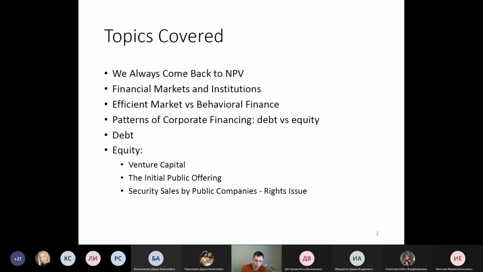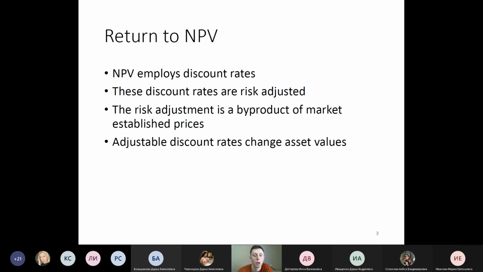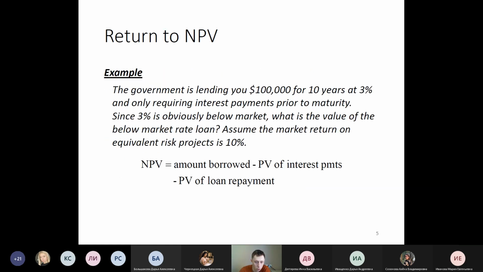In order to estimate the value of the financing decision, we can work with the same tool. We can work with the net present value, but the sequence of inflows and outflows is different.